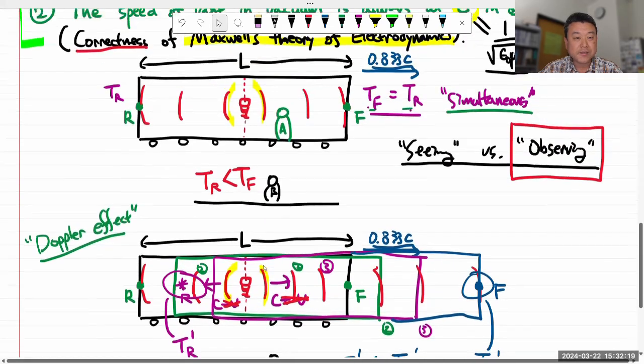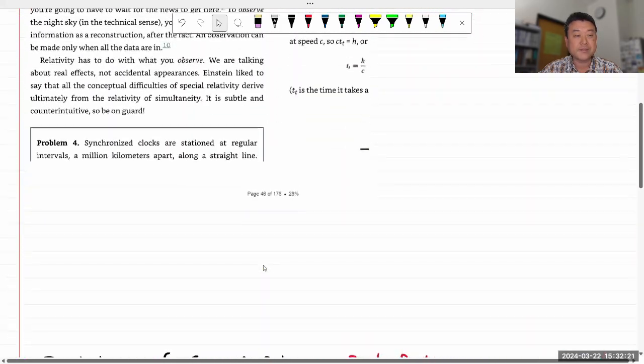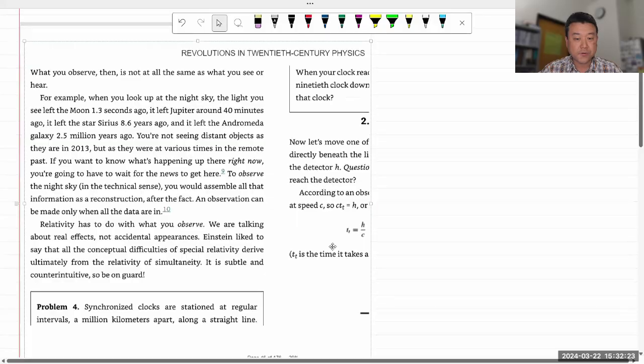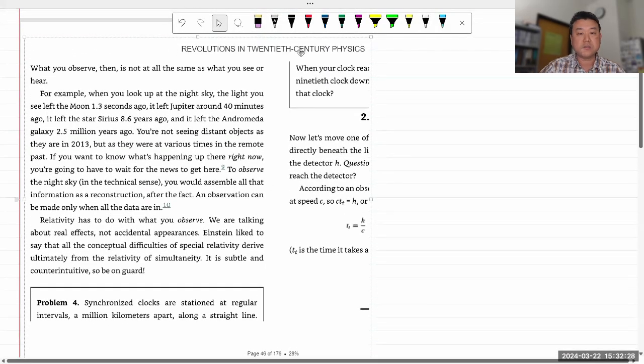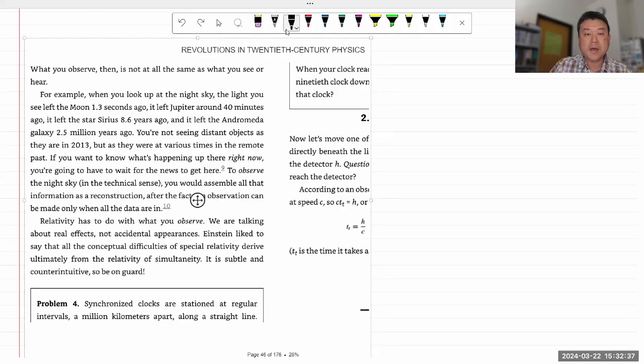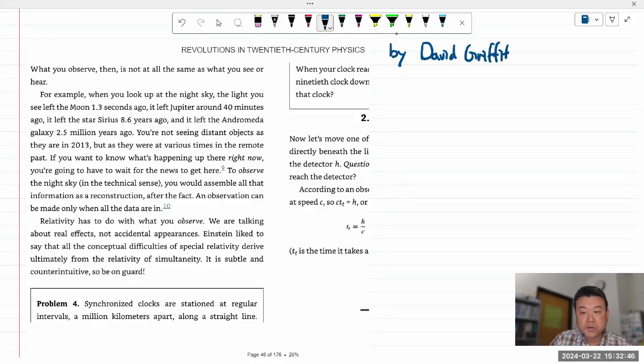So I wanted to cite this textbook that I like really a lot. I brought a screenshot here so that I can refer to it in this lecture. This is a screenshot from the digital version of a textbook called Revolutions in 20th Century Physics by David Griffiths, a really popular upper division textbook author. This particular textbook is actually not written for upper division content.